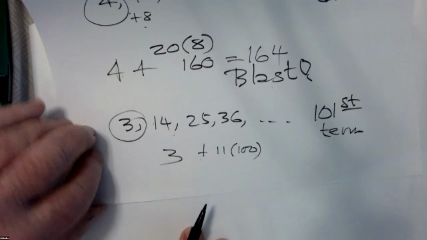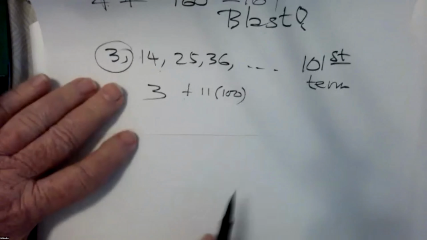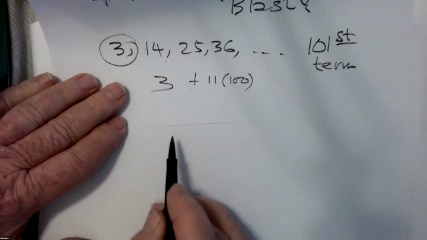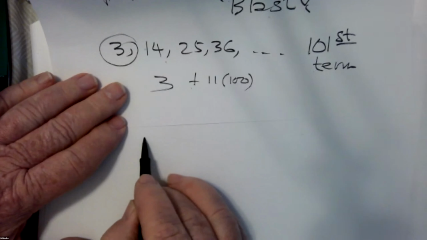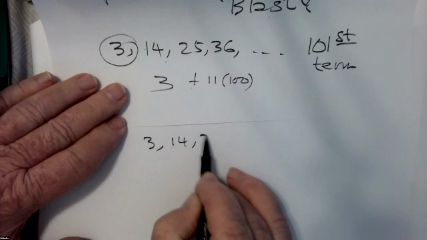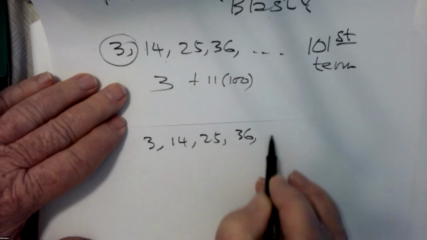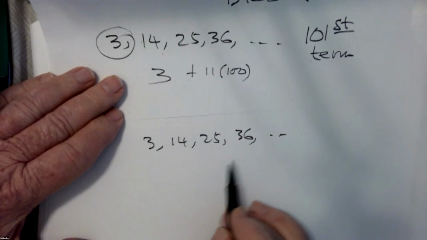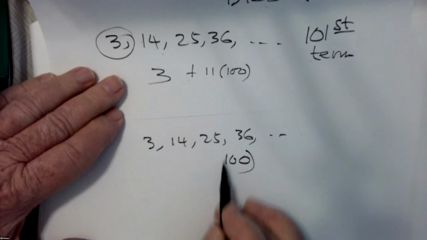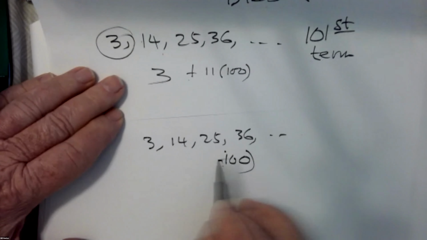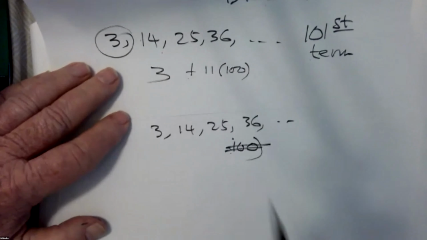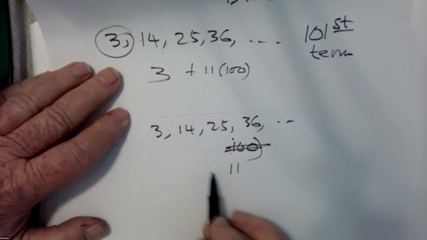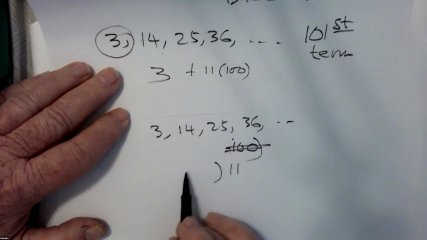Now, let's write that algebraically. We just said we had this 3, 14, 25, 36. So here's what we did. We were adding the common difference 100 times. We're adding the common difference, which was 11, one less time than the term I'm looking for.